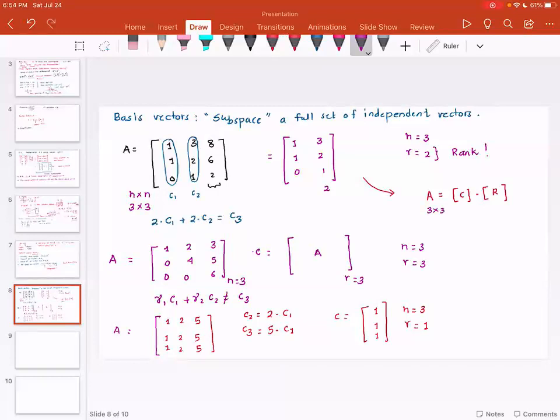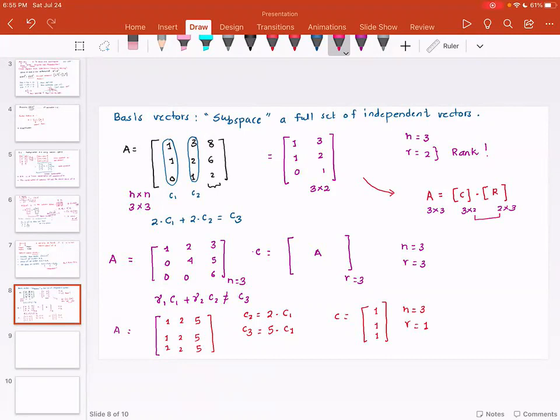The column space is 3 rows, 2 columns. So for this multiplication to be valid, the other factor should be 2 times 3. Only then would this factorization make sense.